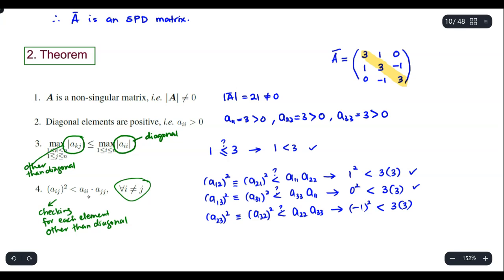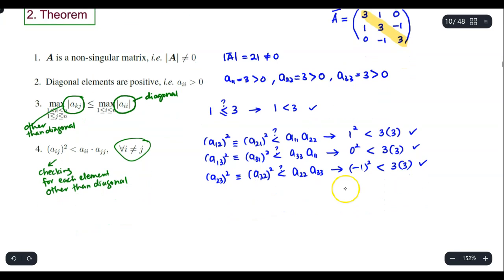We are okay with that. So we can see this matrix A, before anything, is symmetric, so we are okay with the symmetric condition. And we are satisfying these 4 conditions here, so we can say that A is an SPD matrix.